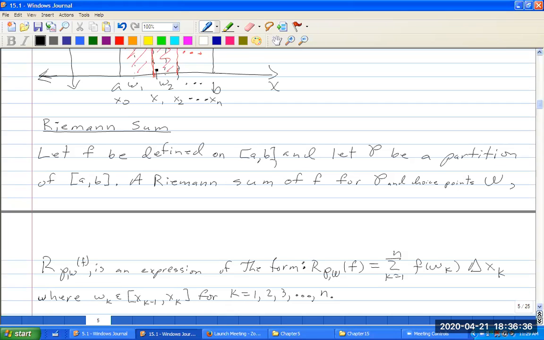W2 is some point in the closed interval from x1 to x2, etc.